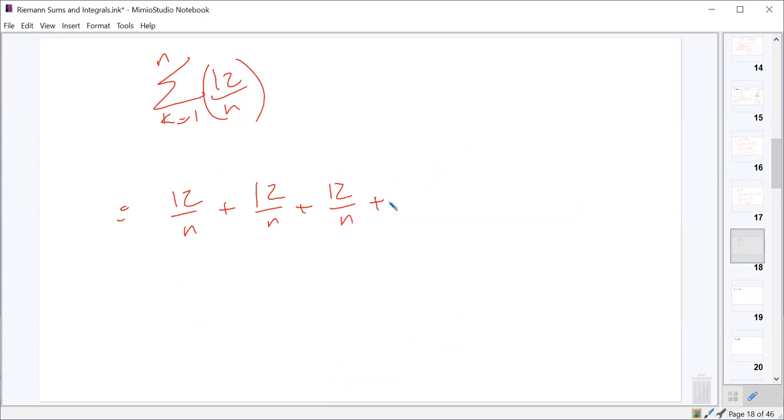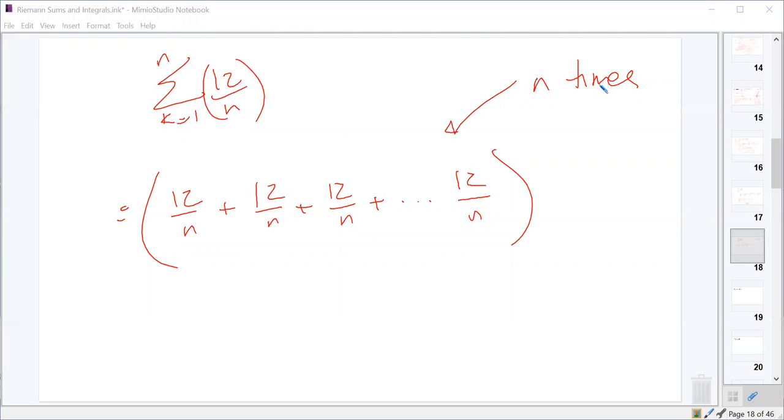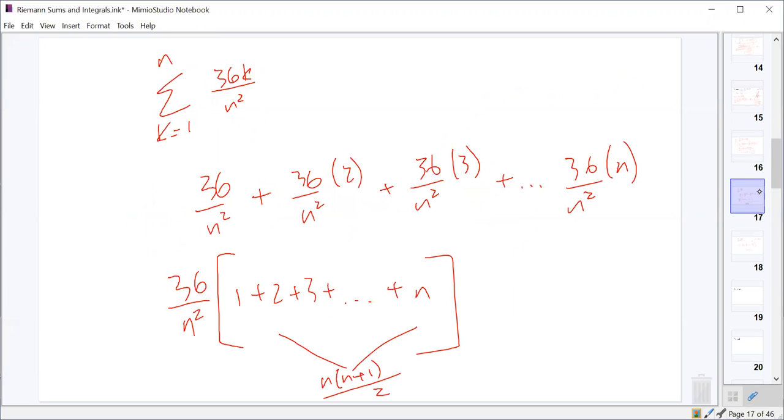In fact, I'm putting in n 12 over n's. Does that make sense? So this one is n times 12 over n, which is 12 over n times n, or just 12, whereas this one is 36 over n squared times k's, and the sum of k is n times n plus 1 over 2.